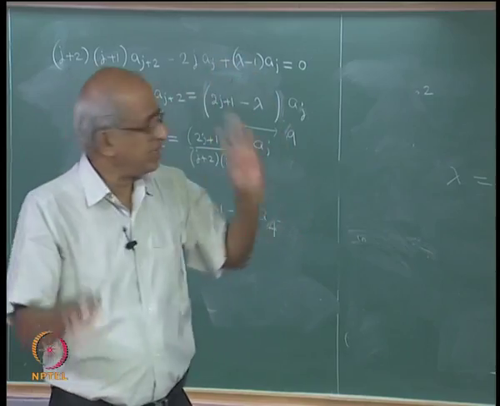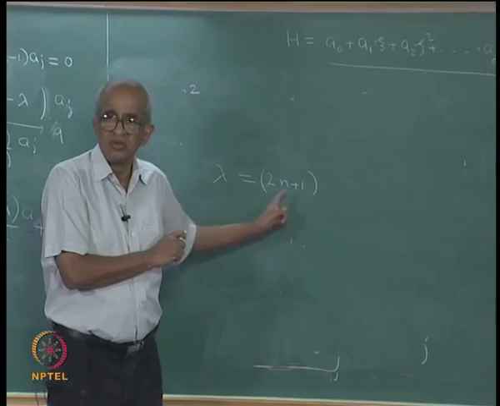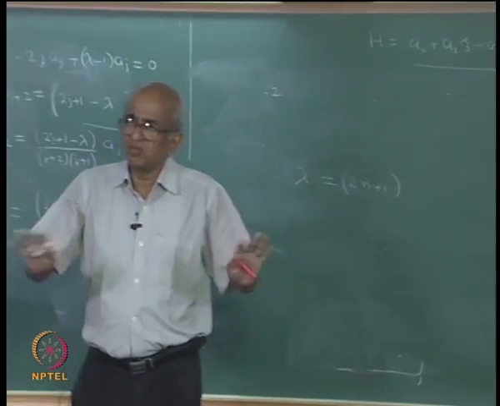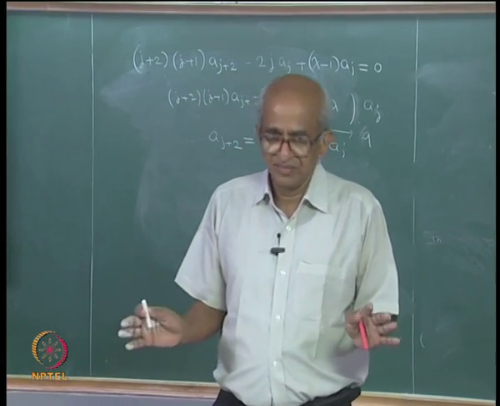So, therefore, in order to get acceptable solutions, I should have lambda equal to 2n plus 1. If I have lambda equal to 2n plus 1, guaranteed I can have acceptable solutions, right.